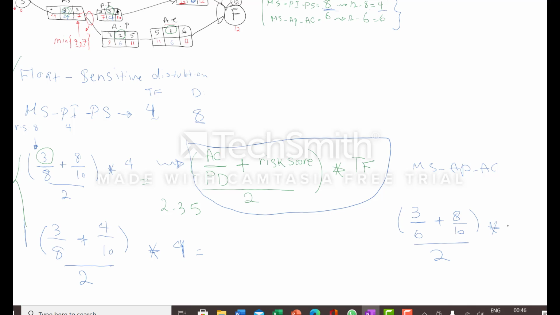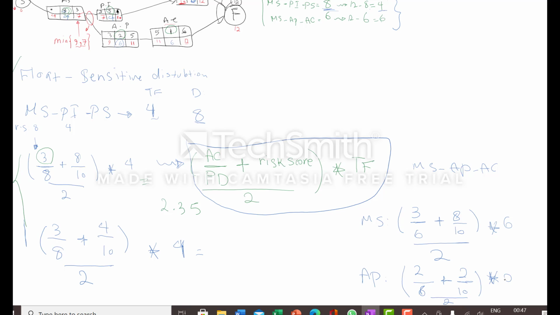This is for MS activity, but for the AP, the total float is 6, the duration is 2, the total path duration is 6 plus the risk score is 2 to 10 divided to 2 and multiplied by 6, the total float.